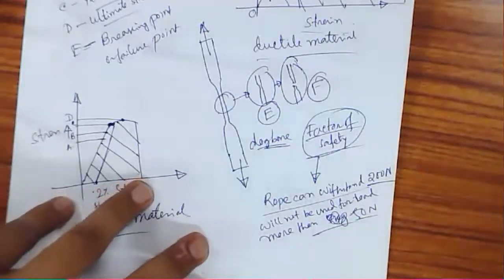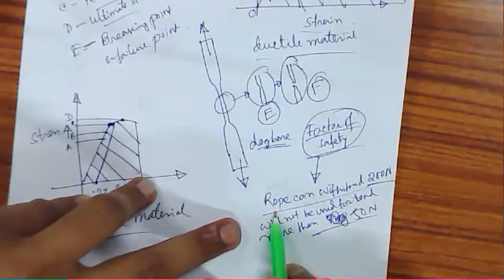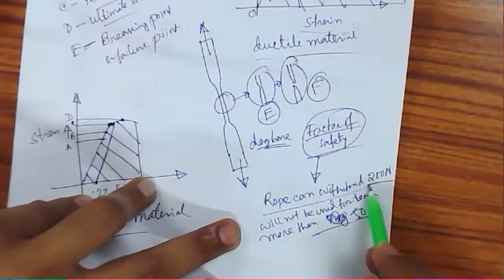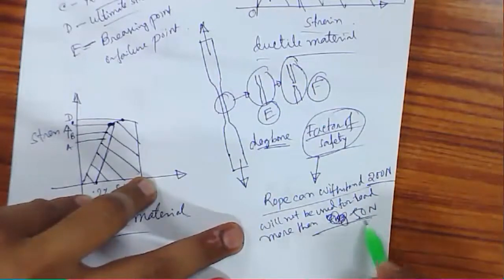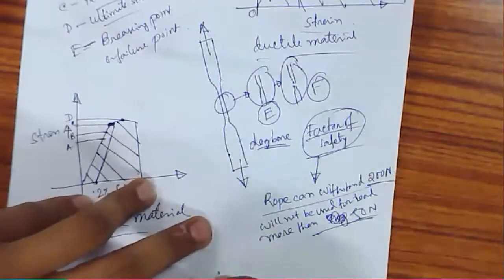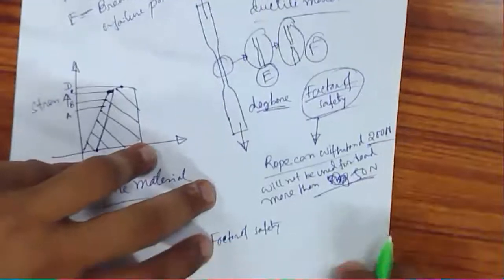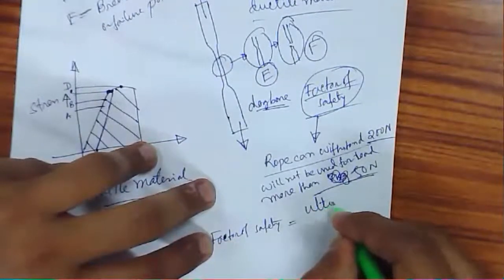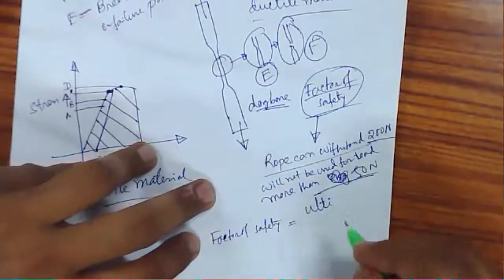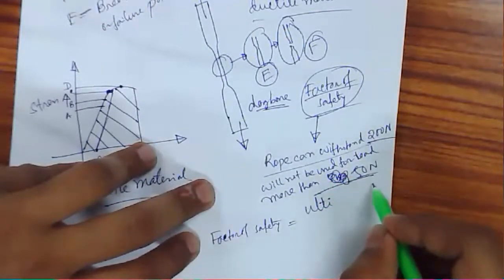So the rope can withstand 200 Newton, but we are using it only for 50 Newton. It will not be used for load more than 50 Newton.